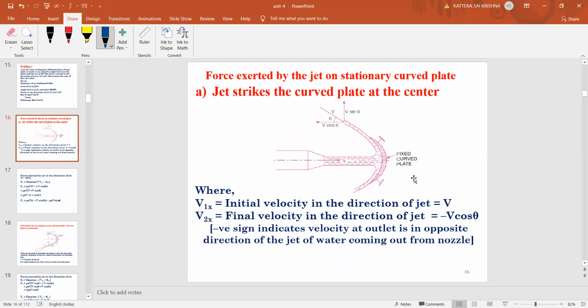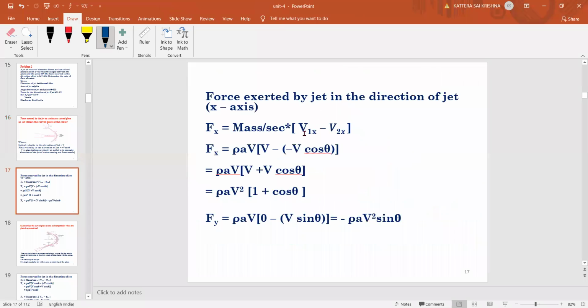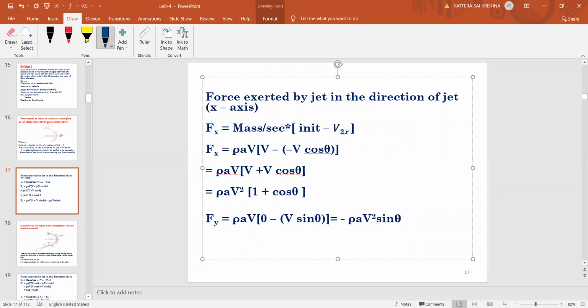Okay, roughly you can draw the diagram and you can write the initial velocity and final velocity. Okay, let us remove this. Here also I'll write velocity.